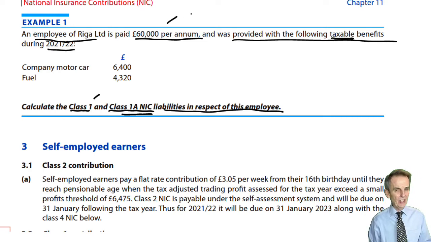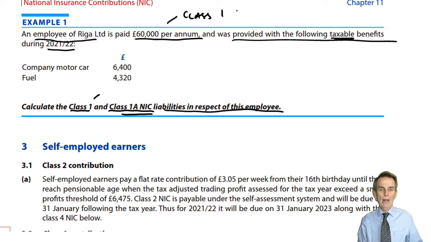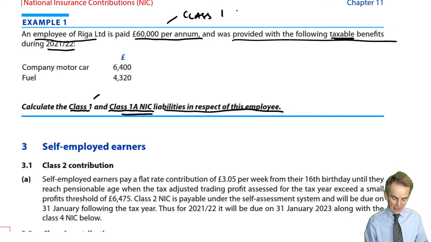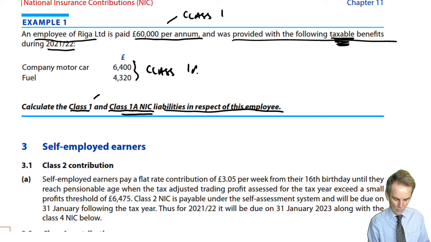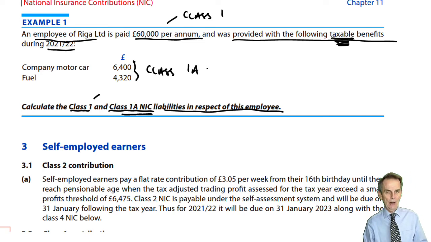In relation to that salary figure, we've got Class 1, both Class 1 employee and employer. In relation to these taxable benefits, the total of those, we've got the Class 1A NIC payable only by the employer, again at the normal employer's rate of 13.8%.